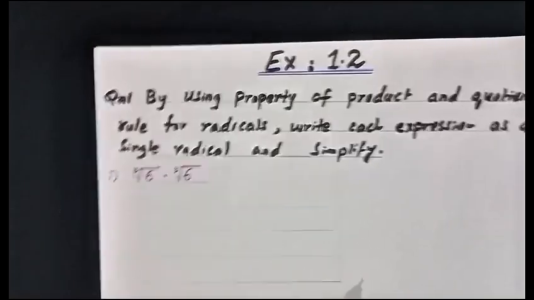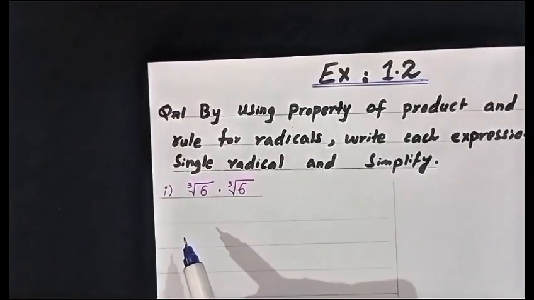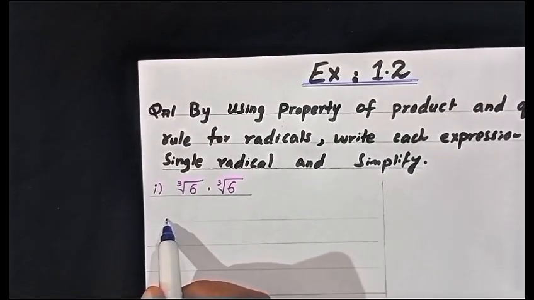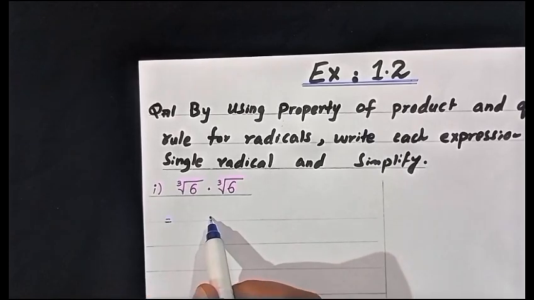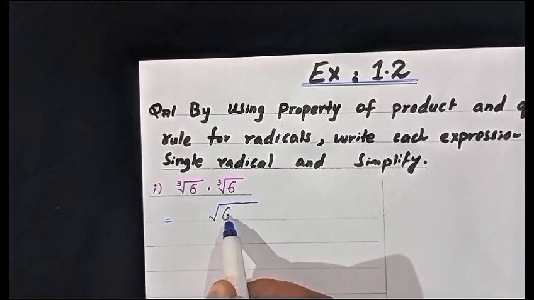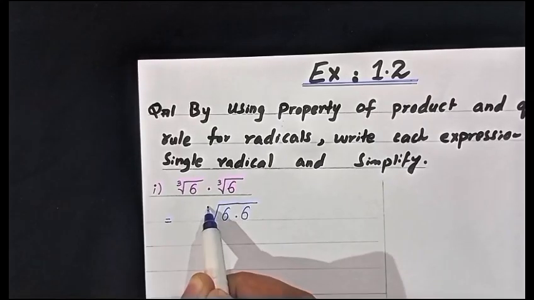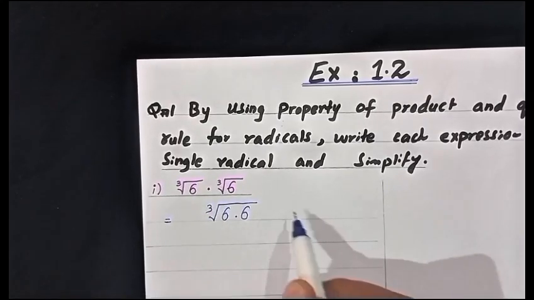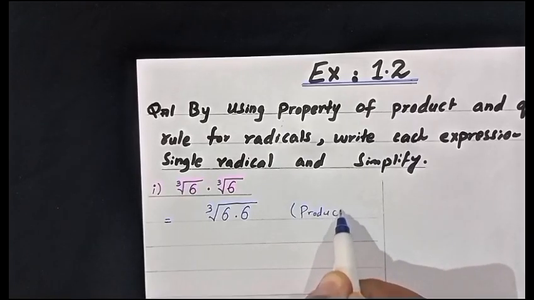By the product rule we can write these two radical expressions under a single radical with index 3, that is radical of 6 dot 6 with index 3. This is the product rule law for radicals.